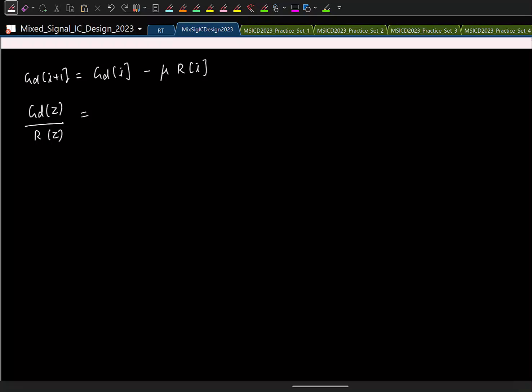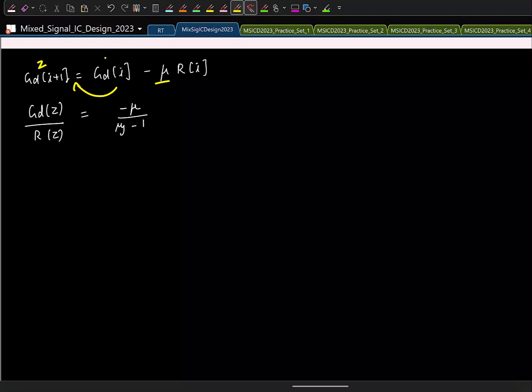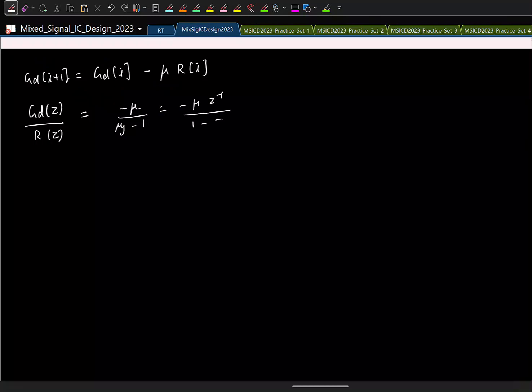Minus mu by, here I have minus mu. This goes here, so this will be Z times GD. This will be 1 times GD. Minus mu by GD, Z minus 1. This is the same as minus mu Z inverse by 1 minus Z inverse.